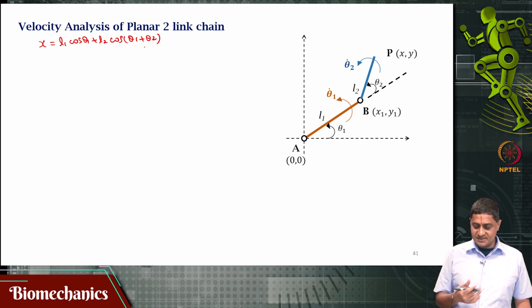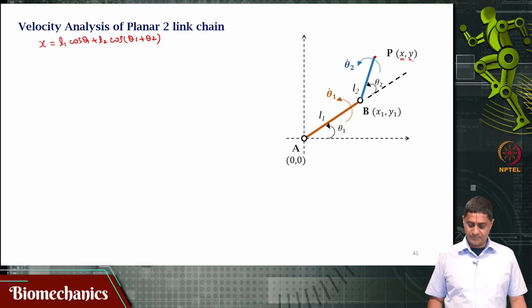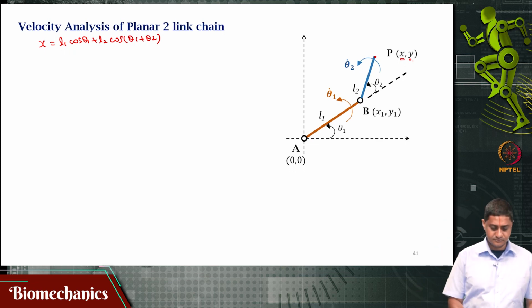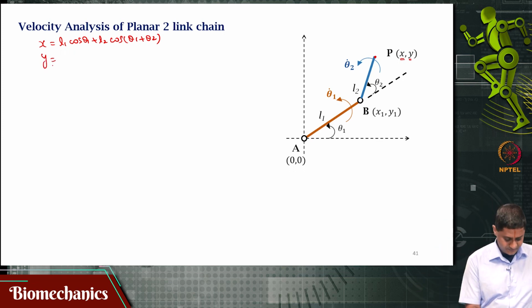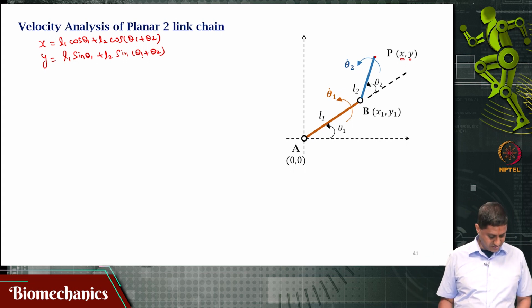Essentially, this is the x and y coordinate of the end point P, right. Y is L1 sin theta 1 plus L2 sin of theta 1 plus theta 2. This is also something that we know from the previous analysis, right.